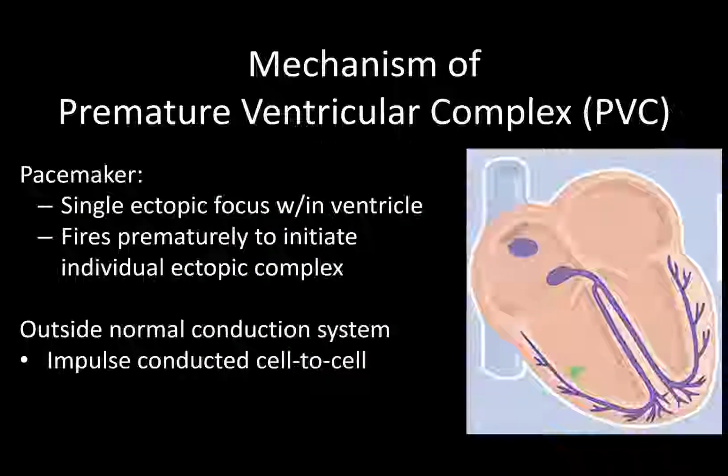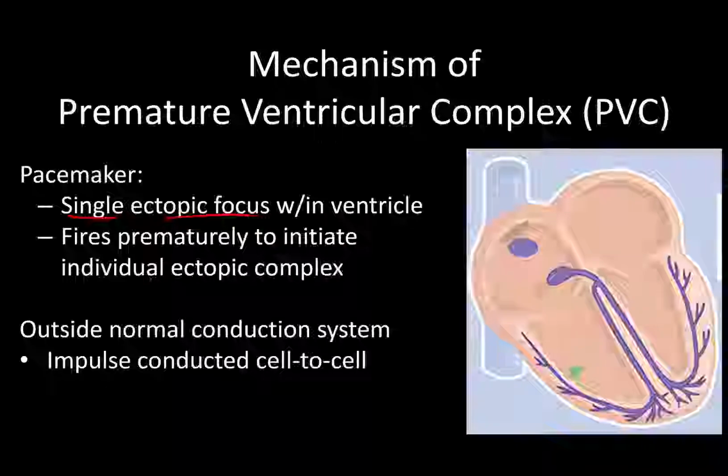Even though ACLS doesn't necessarily focus on PVCs, we still can't talk about heart rhythms without talking about PVCs, how to identify them, etc. This is also going to fit in just like the other rhythms we've talked about earlier, where this is a single ectopic focused beat, and once we recognize how this works, that'll help us learn the other types of arrhythmias that can occur in the ventricles.